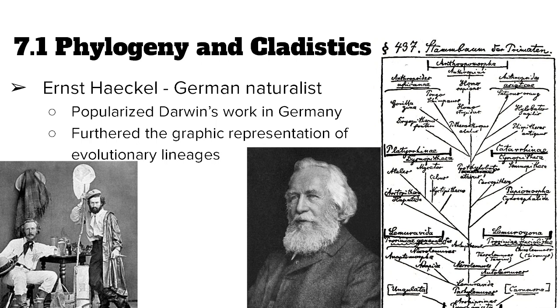He spoke about it a lot and published more works supporting it and backing it up. He did a lot of these graphic representations, like the one you see on the right, in his books. And this visual organization helped a lot of people understand the relatedness, because they were used to family trees. They were used to lineages when talking about royal families or just your own family.